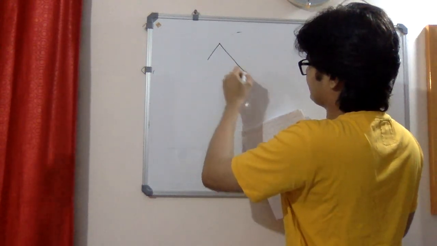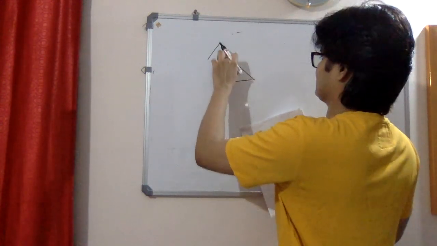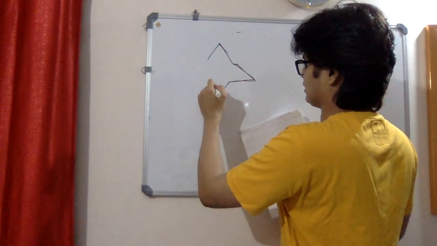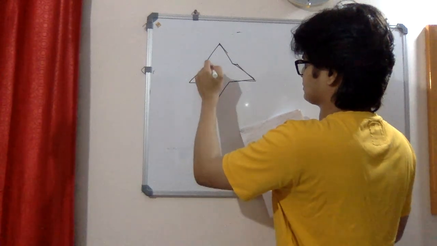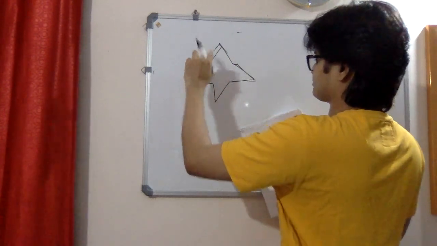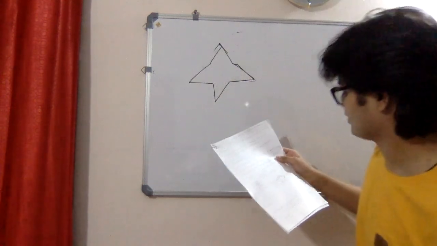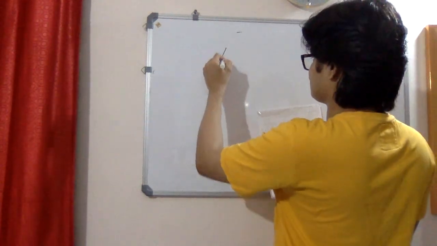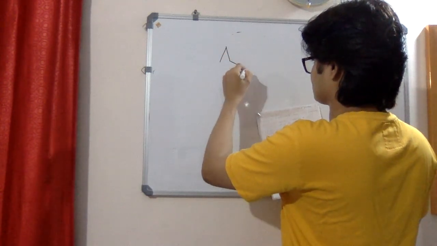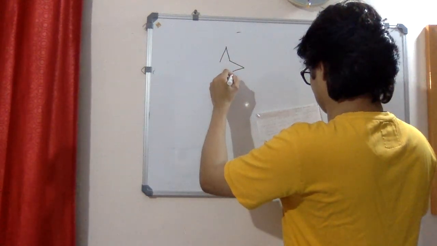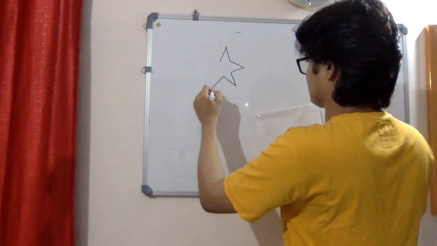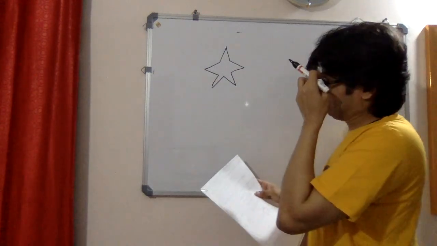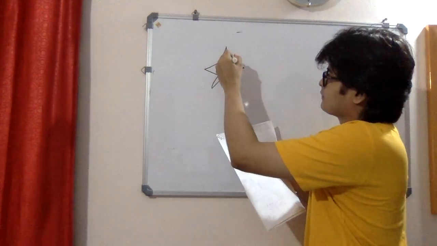Suppose this is a star we have. So we have 5 points on it.